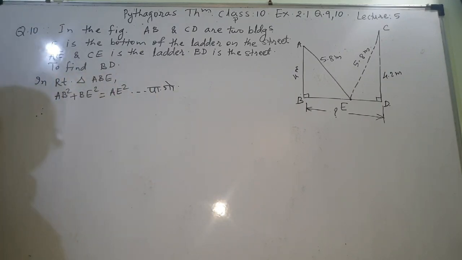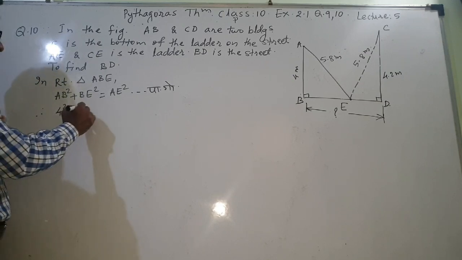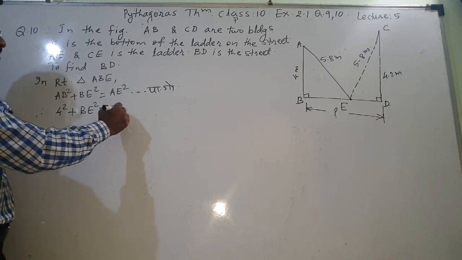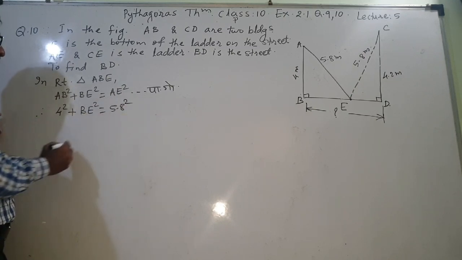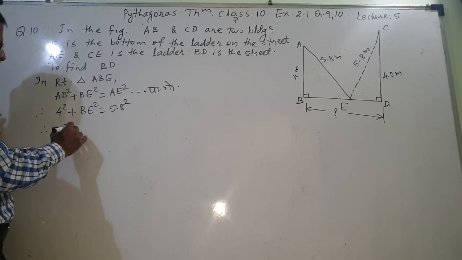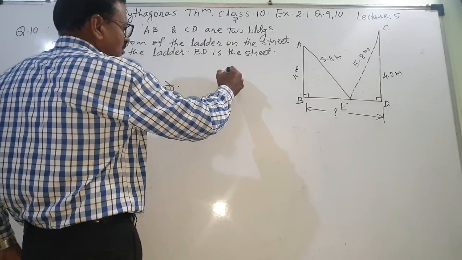Therefore, AB is how much? 4 square. Plus BE is how much? Don't know. So BE is equal to, AE is how much? 5.8. 5.8 square. Therefore, BE square equal to 5.8 square means 5.8 into 5.8.